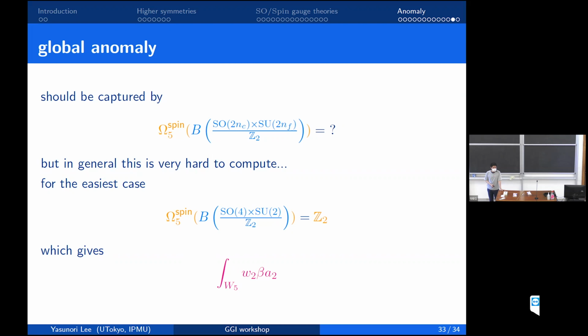Yes, if I put a background for the SU2 part, then SO4 is not invariant, and I cannot integrate over the dynamical gauge field. Actually, this A2 part is not capturing the full SU2 NF part, but only the central Z2 part. That's a bit of a subtle point, but essentially, you're right.